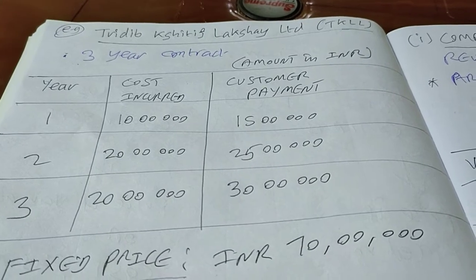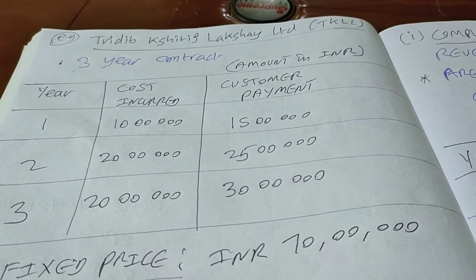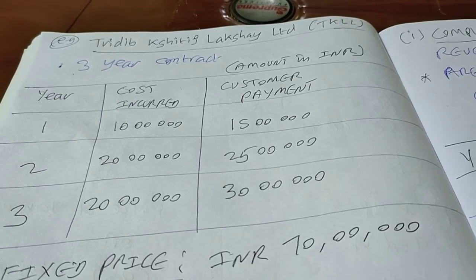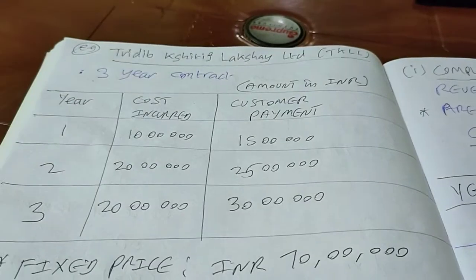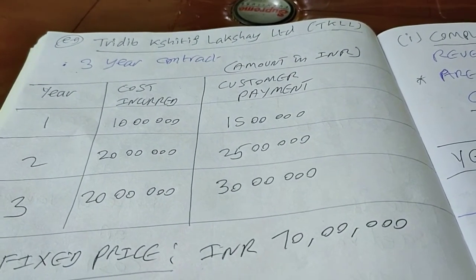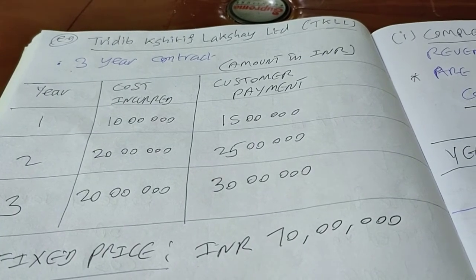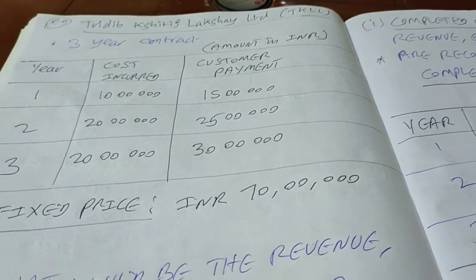The cost incurred in year 1 is 10 lakhs, in year 2 is 20 lakhs, and in year 3 is also 20 lakhs. Customer has paid 15 lakhs in year 1, 25 lakhs in year 2, 30 lakhs in year 3. When I say year here, I refer to the end of the period. So the fixed price is INR 70 lakhs.